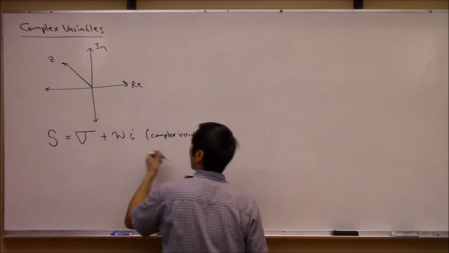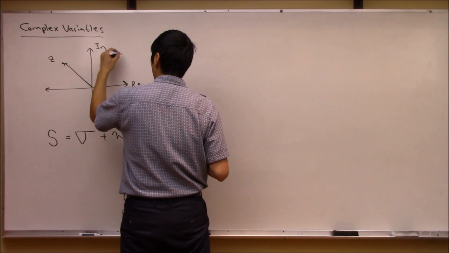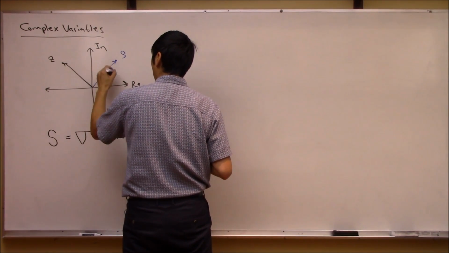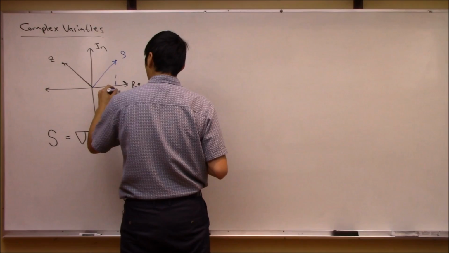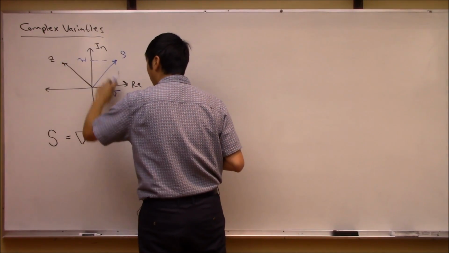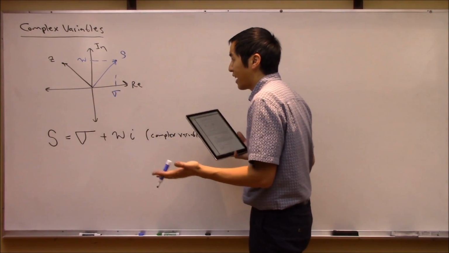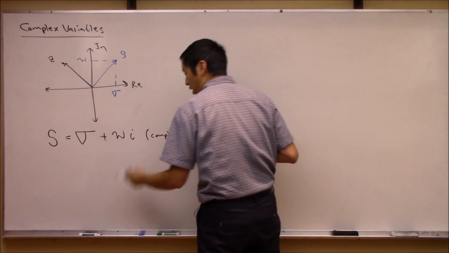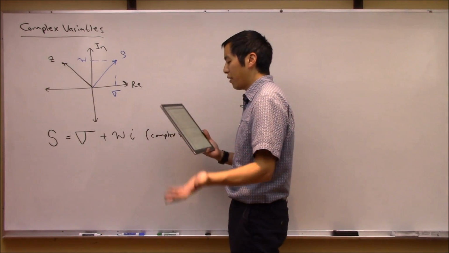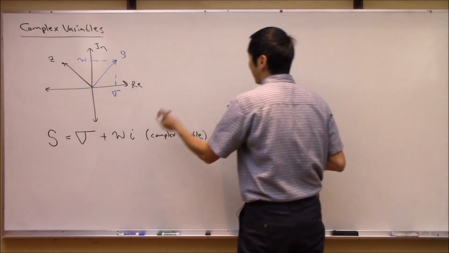And the picture is almost the exact same thing as we drew earlier. s could be anywhere in this real-imaginary plane, with components sigma and omega for real and imaginary respectively, but it could be varying all over the plane. We could be looking at different values of s, so it's not just a static complex number. Complex number and complex variable are very similar; it's just one varies and one doesn't. So let's extend this idea now.